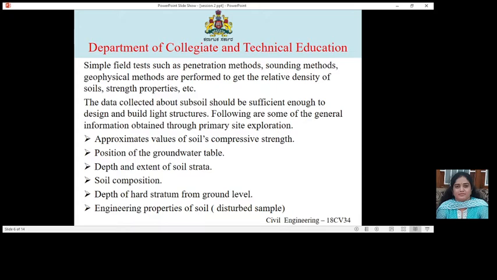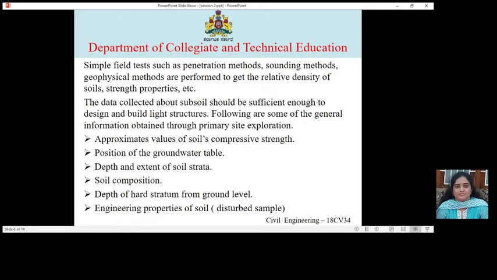And the following information should be obtained through preliminary site exploration. Approximate values of soil compressive strength, that is done in the laboratory. Position of the groundwater table using some relevant methods. Depth and extent of the soil strata, the different strata of the soil.